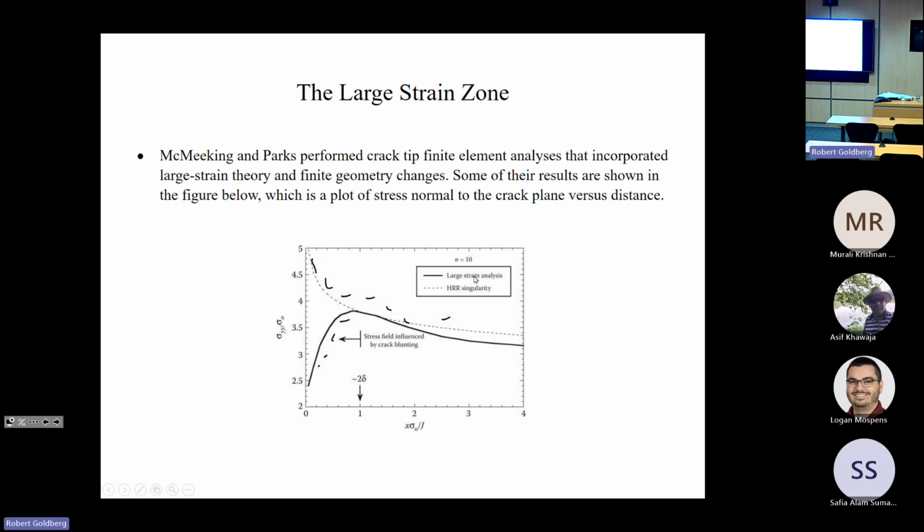The solid curve reaches a peak when x times sigma 0 divided by J gets to be about 1, and decreases as you get closer to the crack tip. This distance is about equal to twice the crack tip opening displacement.